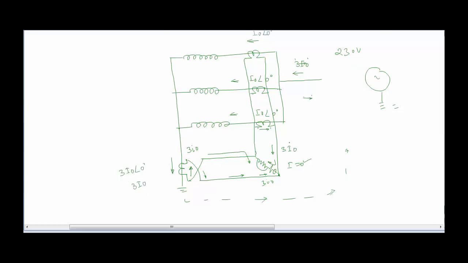So we say that the CT current is going to be zero during CT saturation. We consider that the current will be zero because during that condition, the situation is going to be the worst. So we just take the worst situation, that no current is being fed by the CT, and we do all the calculations, because if there is any flow of current, then it's obvious that it is going to balance it out. But if it is zero, then the condition is going to be the worst one.